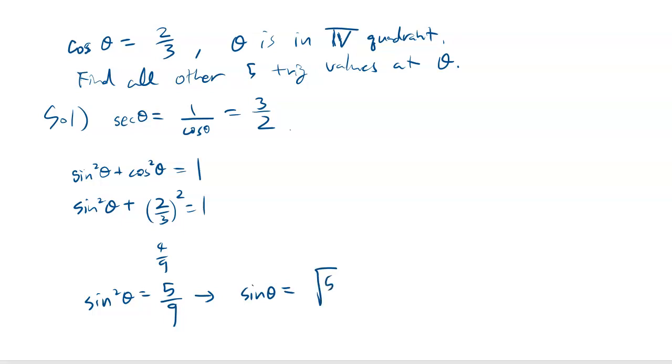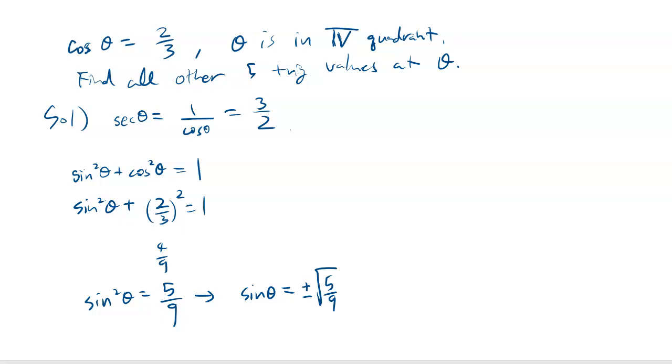Then you take the square root of both sides, you get sine of theta equals square root of 5 over 9, and you have to be careful whenever you take the square root of both sides, you have to use plus or minus. Since we have 2 possible answers for sine theta, we have to determine which one it is.